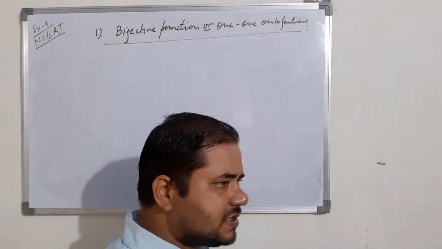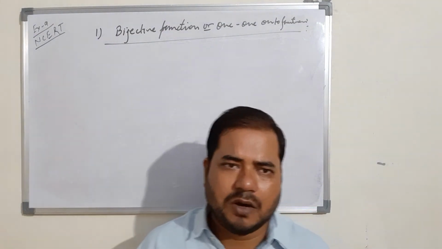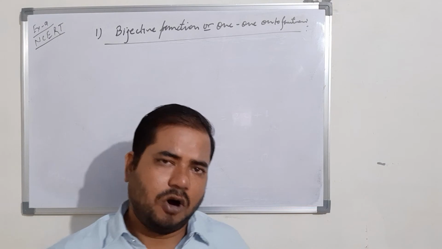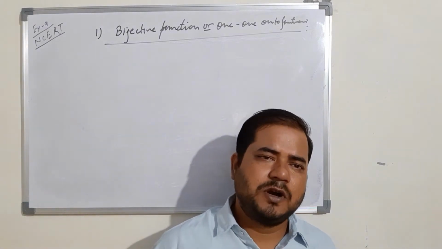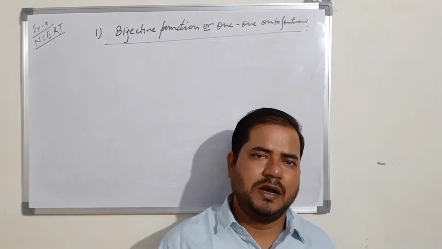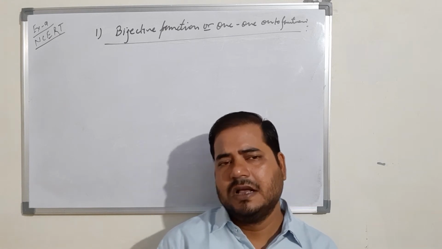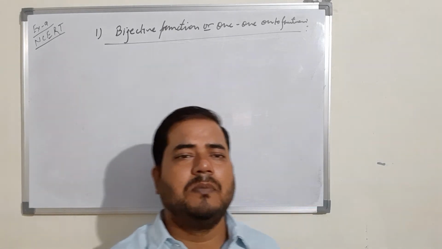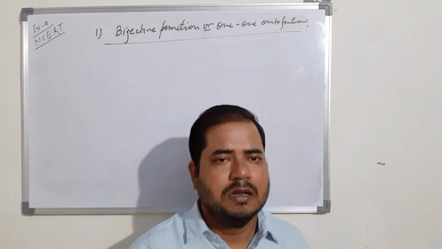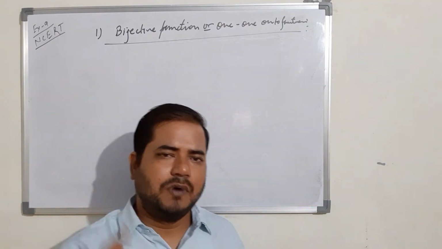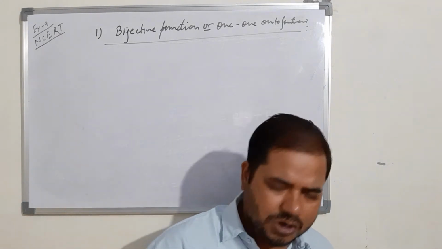So simply we can say a function which is one-one as well as onto, then this particular function is said to be a bijective function. So the definition is, a function is said to be a bijective function if the given function is one-one and onto.